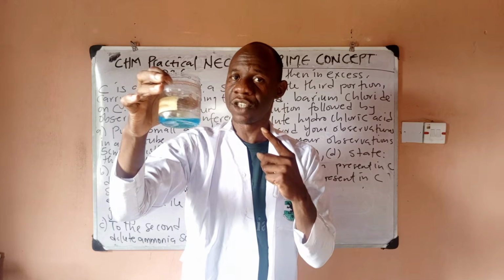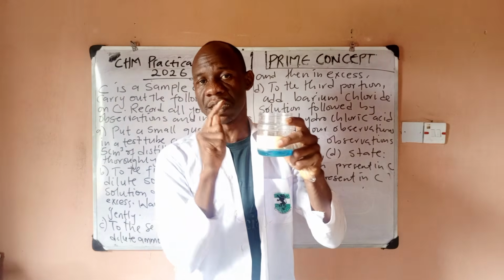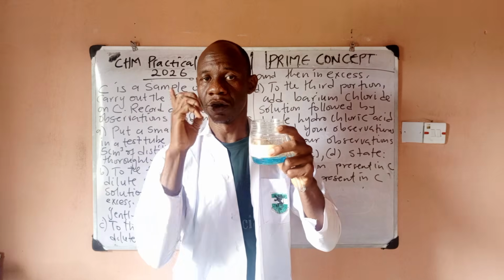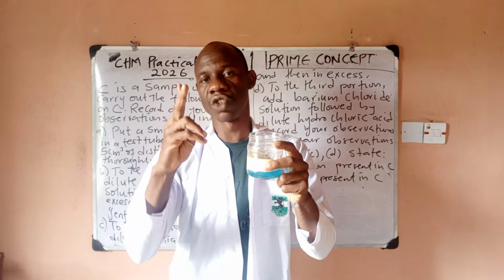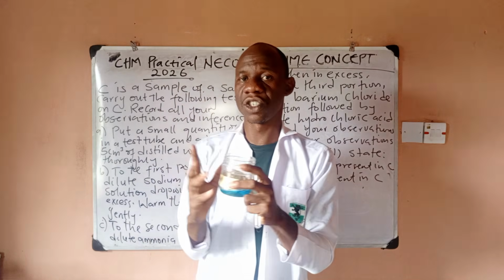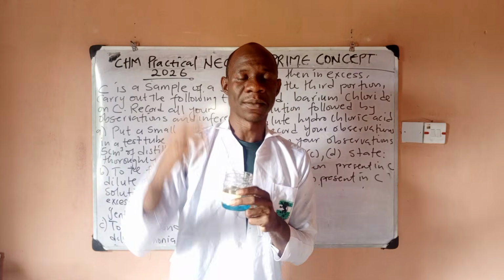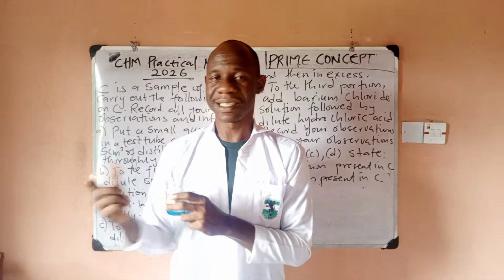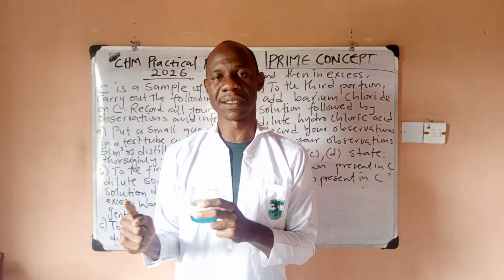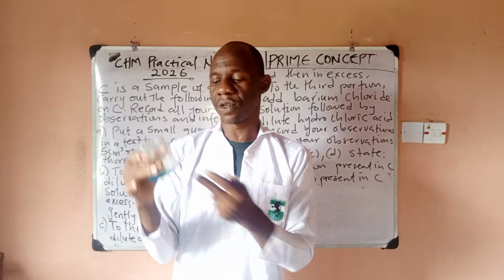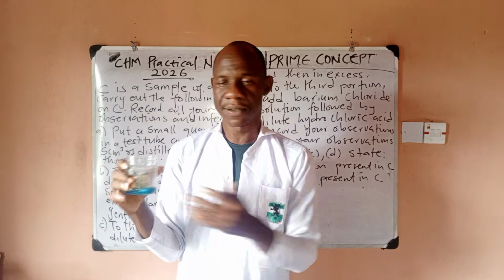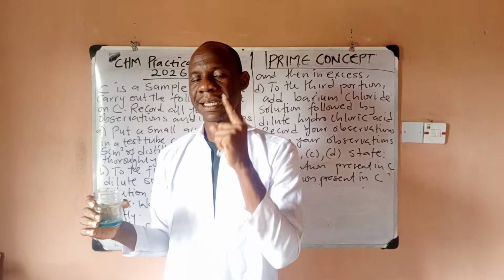That is the first observation. When you dissolve that salt in water, it dissolves to form a blue solution. And you tell them in your inference that copper is likely to be present, because it is usually copper that would give us a blue solution. Yes, that is the first line.